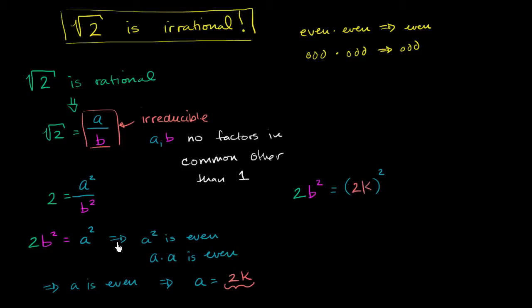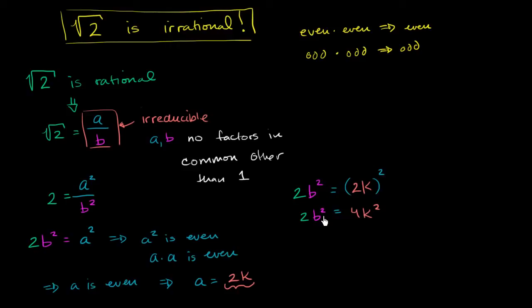We're claiming, or we're deducing, that assuming everything we've just assumed, a is even. So if a is even, it can be represented as a product of 2 and some integer. And then we can write that 2 times b squared is equal to 4k squared.